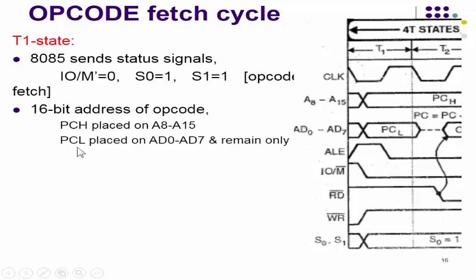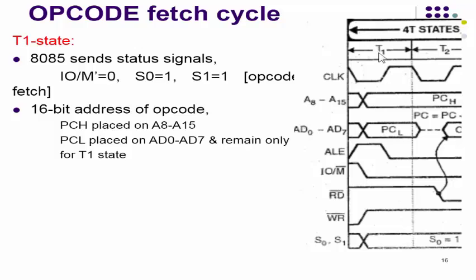Then the 16-bit address of the opcode which is available in the memory: the program counter higher, PCH, is placed on A8 to A15, and the lower order address of the program counter is placed on AD0 to AD7 and remains only for the T1 state.